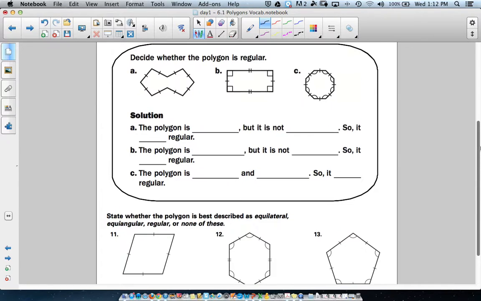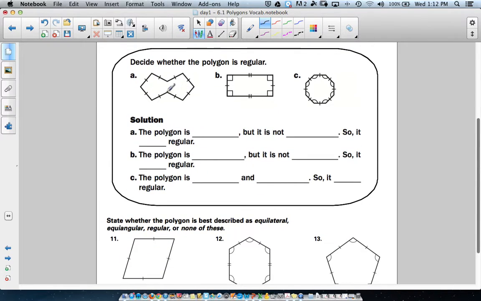To give you another example, let's look down at, decide whether these are regular polygons. Okay, A. Well, looking at the markings, we can tell that A is equilateral, but is not equiangular. So it is not a regular polygon. Looking at B, it is equiangular, but not equilateral.